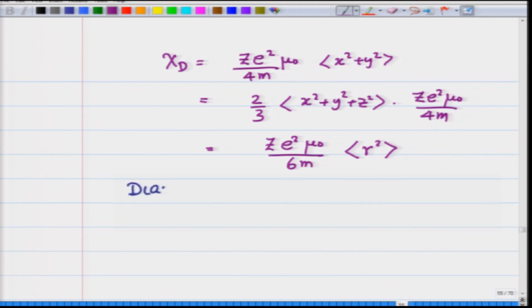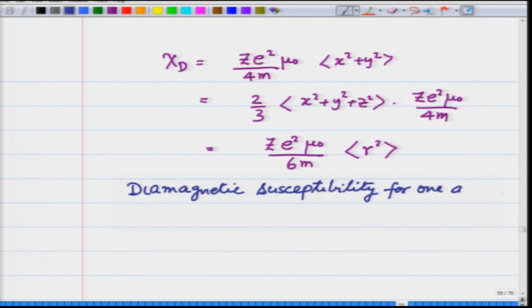So, this is the diamagnetic susceptibility for one atom, which is given as chi d equals mu 0, let me bring in front, z e square over 6 m, the expectation value of r square.